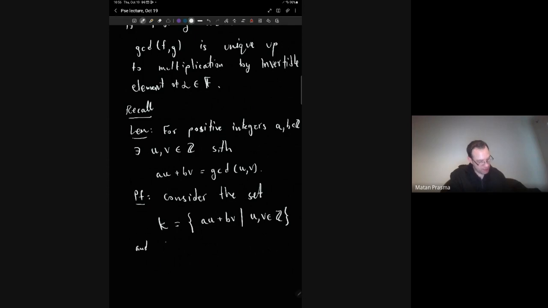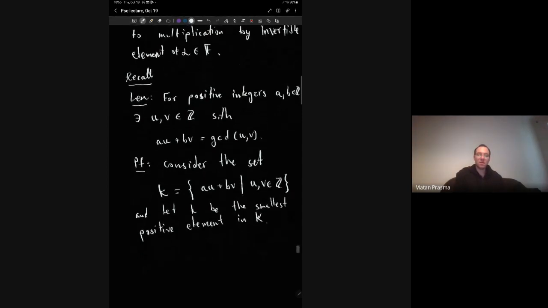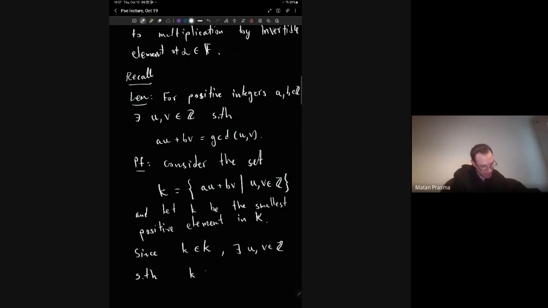And let lowercase k be the smallest positive element in K. Now, since lowercase k is in this capital K set, there exist U and V in Z such that k is equal to AU plus BV.